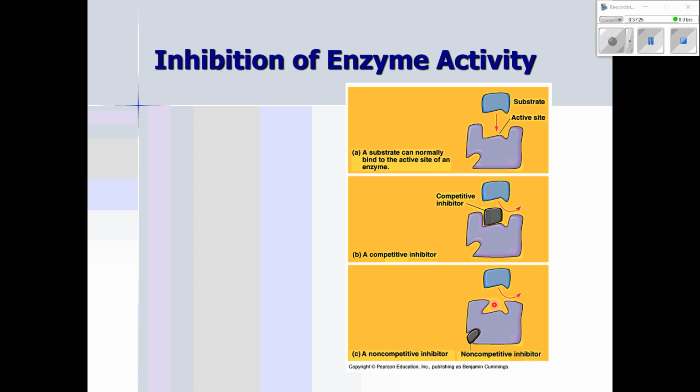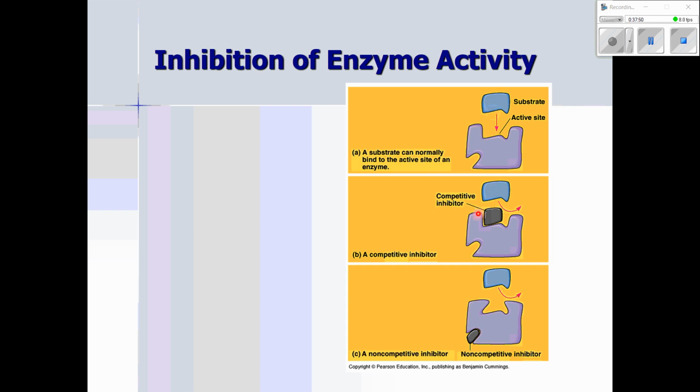So if you want to slow down an enzyme-controlled chemical reaction, you can heat up the enzyme or subject it to a strong acid or a strong base, and that will change the shape of the whole enzyme. And that will block the substrate from binding to the active site.